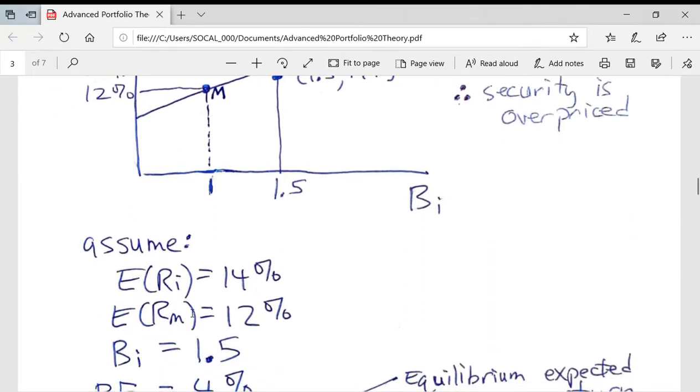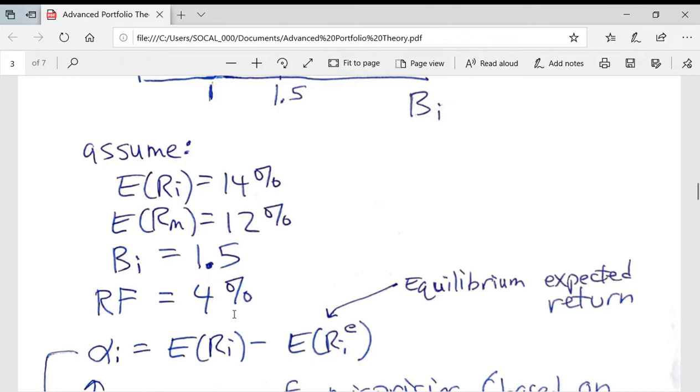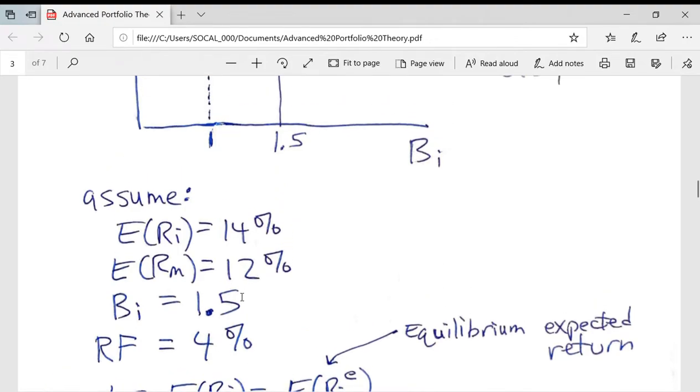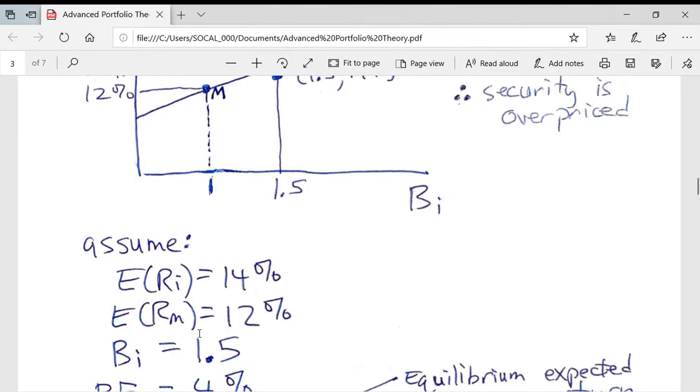And here we make some assumptions. Let's assume that the risk-free rate is 4%, that stock I has a beta of 1.5, and the expected return on the market is 12%. And we expect the return on stock I to be 14%. That's our expectation, distinct from the prediction or the equilibrium expected return given the SML.